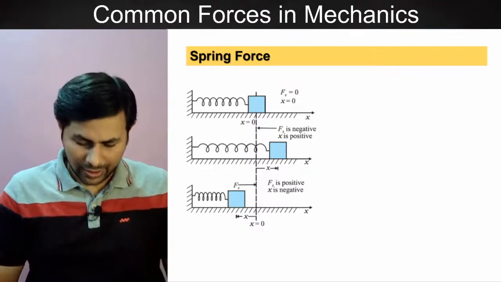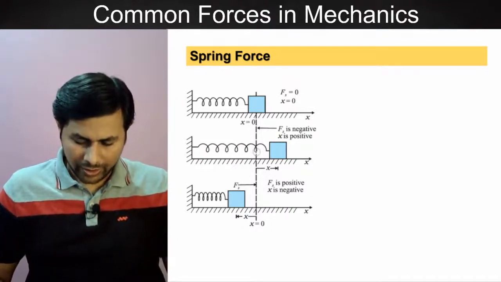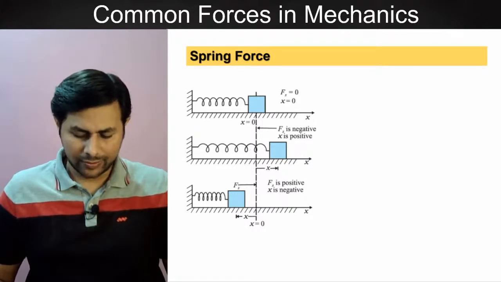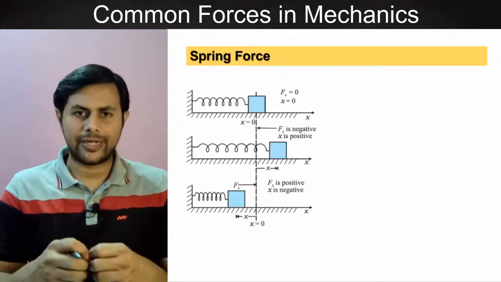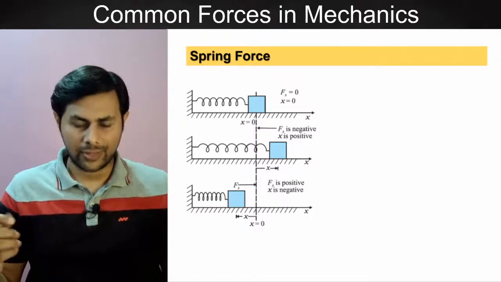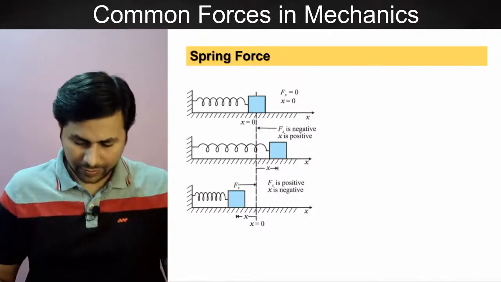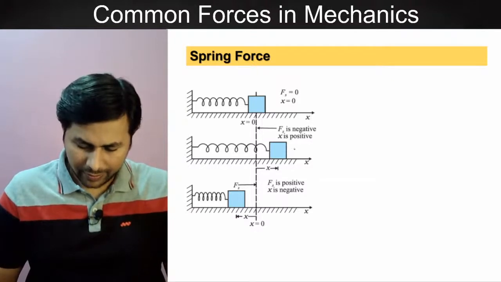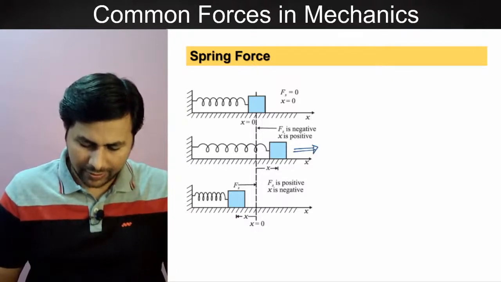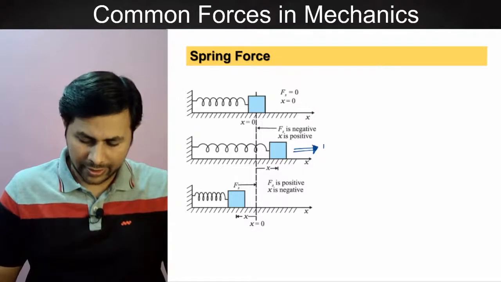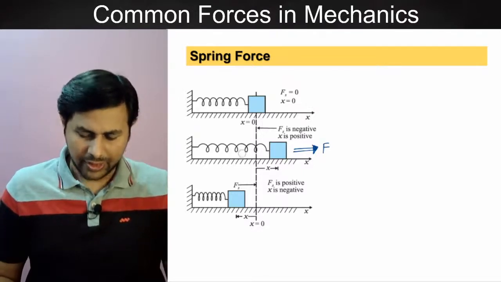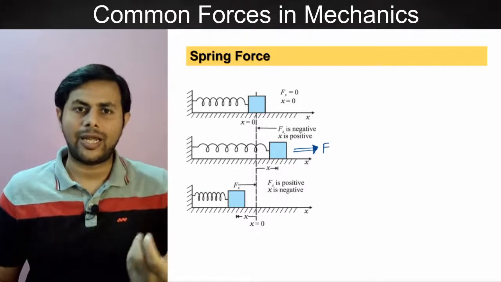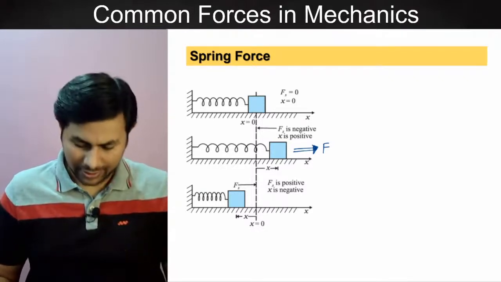Now when we pull this block, let's say towards right, what happens? The spring gets stretched. The external force exerted is in this direction, and the spring wants to come back to its initial condition.